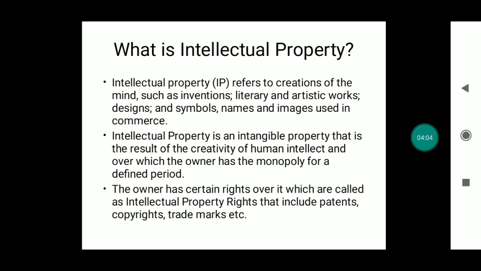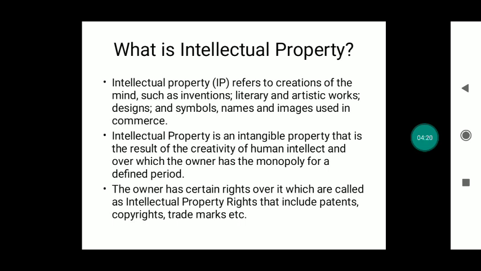So IP is an intangible property that is the result of the creativity of human intellect, and over which the owner has the monopoly for a defined period of time, maybe 1 year or 1 month or something like that.